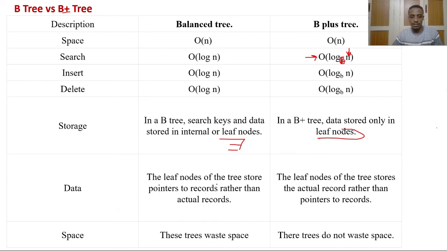Data pointers: B+ tree leaf nodes store pointers to the records rather than the actual record. In a B tree or balanced tree, the root node and inner node can point to the data block or the children as well as to the record.